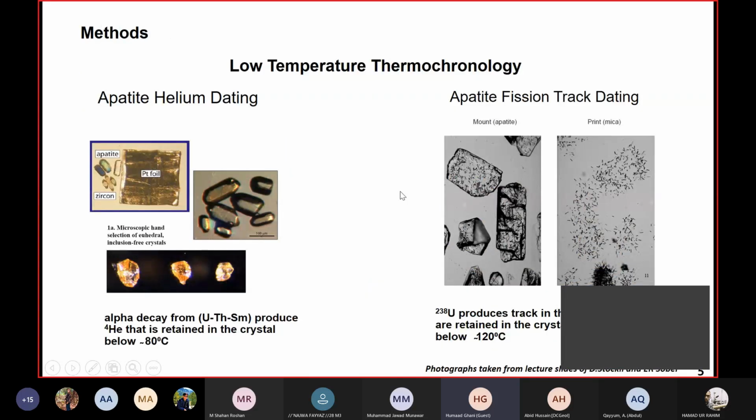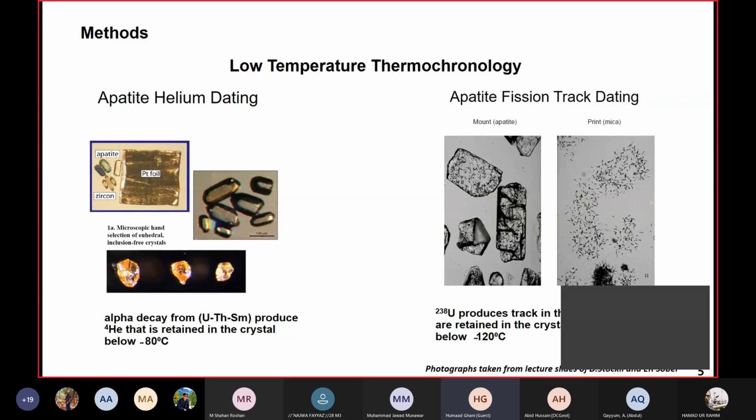And the other thing that I used is low temperature thermochronology. This was an important tool that is most commonly done on apatites with helium. So in apatite helium dating, we take out the apatite minerals from the rocks, separate them, and then put them through a machine known as an Alphachron.